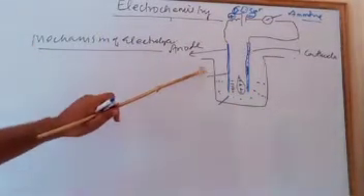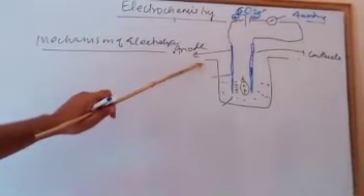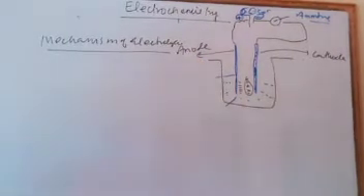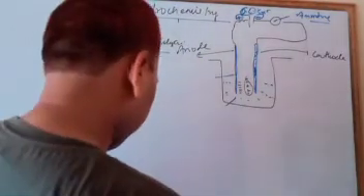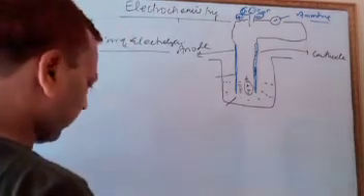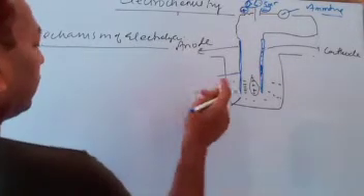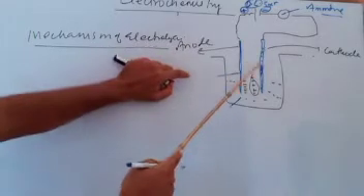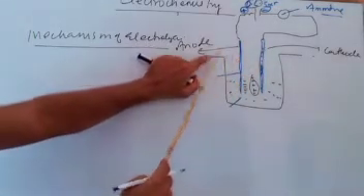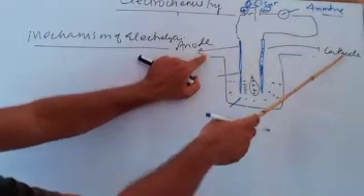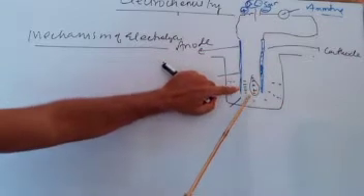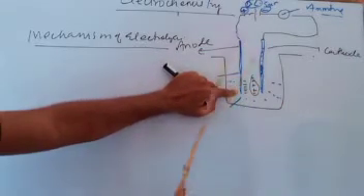Now this is an electrolytic cell. At each electrode, the anode and the cathode, there are different ions, positive or negative.